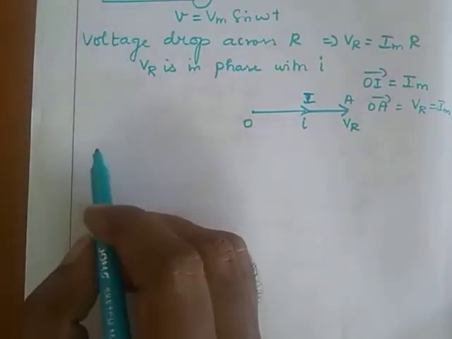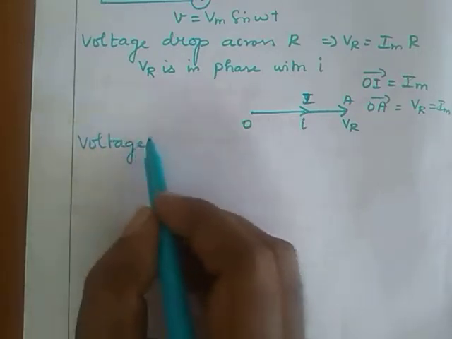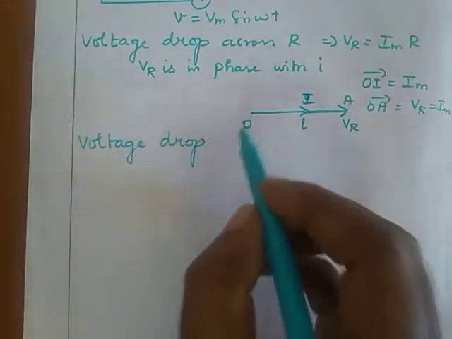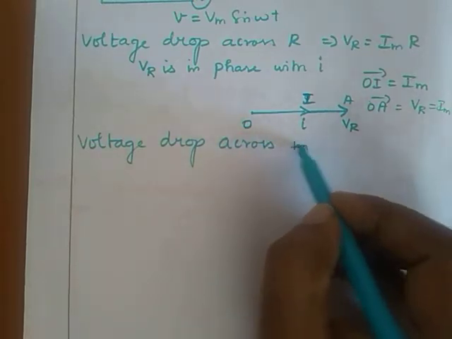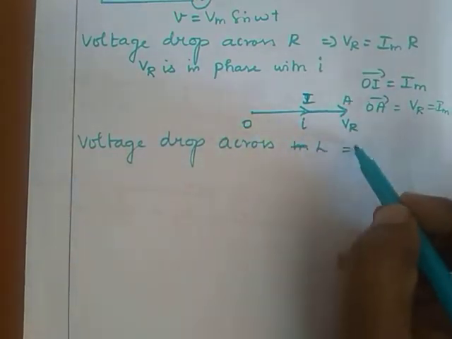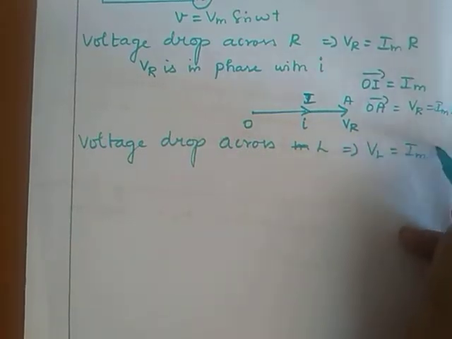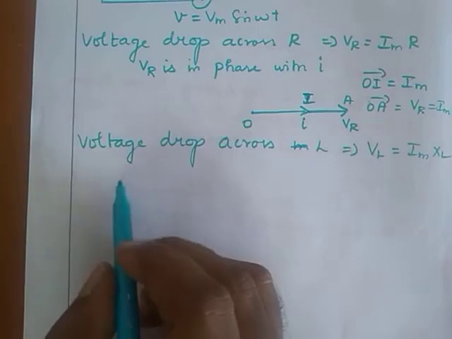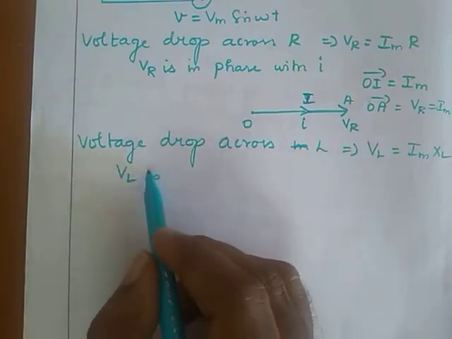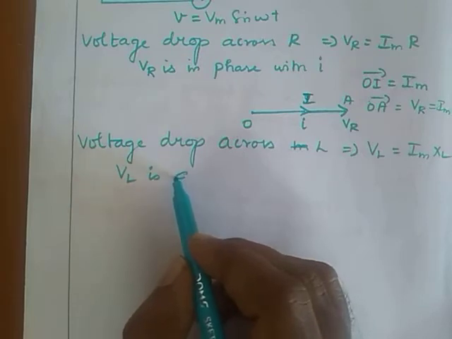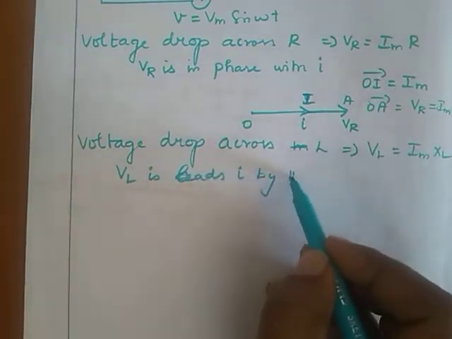Then for the inductor, the voltage drop across the inductor of inductance L, that is VL, is equal to Im XL. For this case, the voltage drop across the inductor L leads I by phase angle pi by 2.